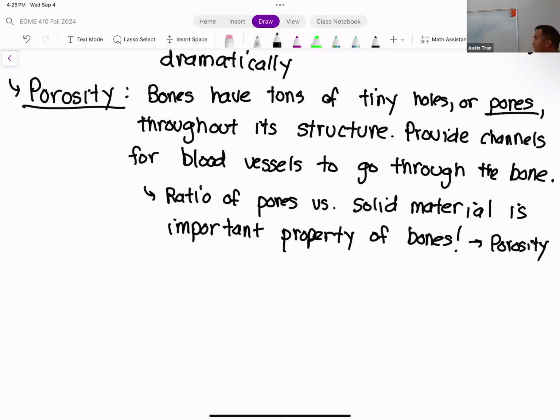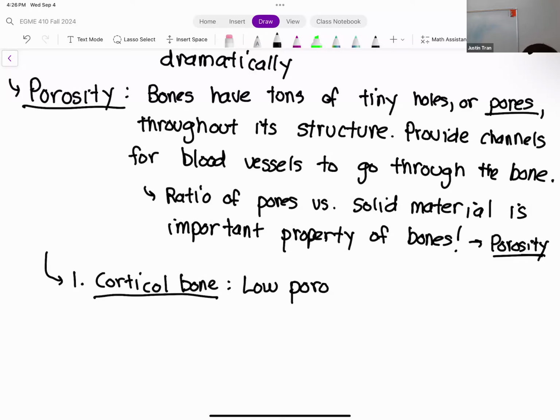Okay. And so based on this definition of porosity, we can describe two different types of bones. Okay, so the first type of bone is called cortical bone. Cortical bone is the name that we give to bones that have relatively low porosity. So these are, for the most part, almost completely solid structure.